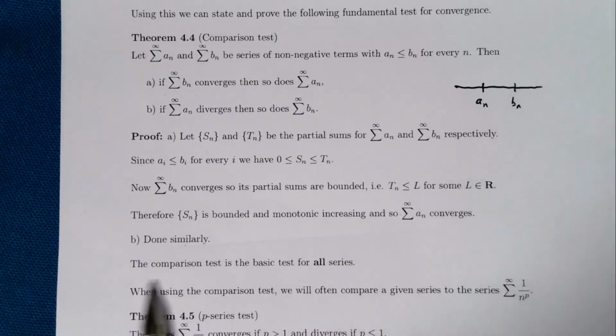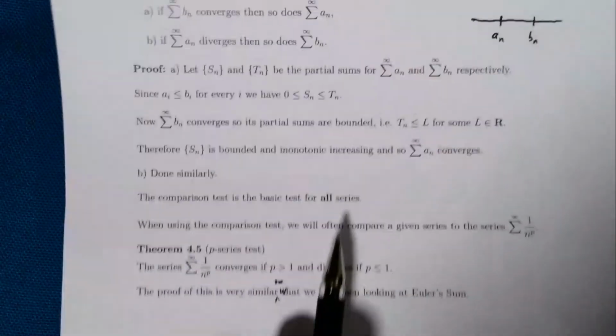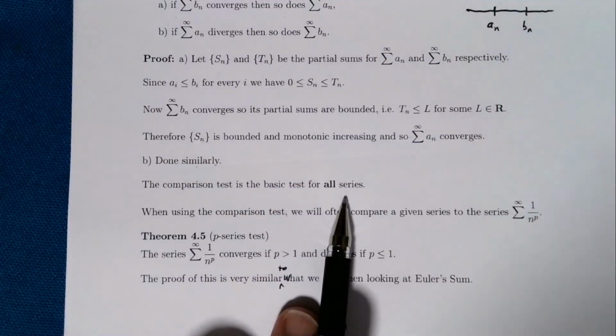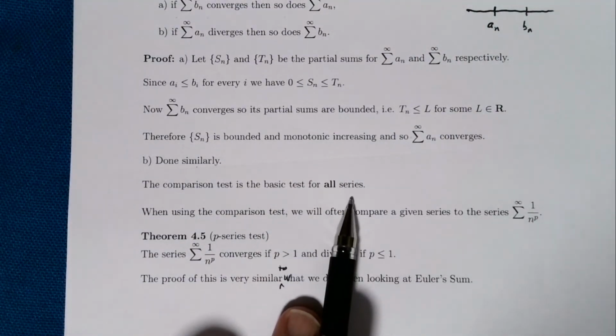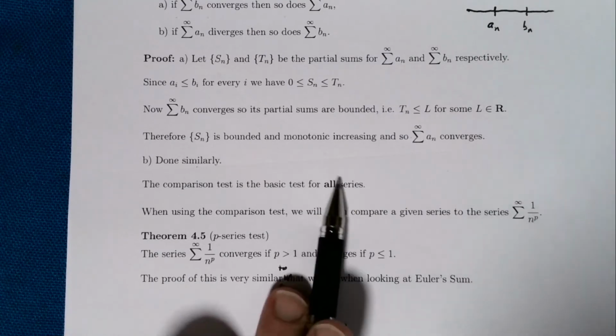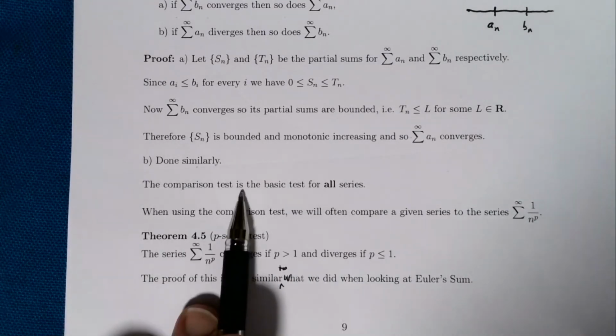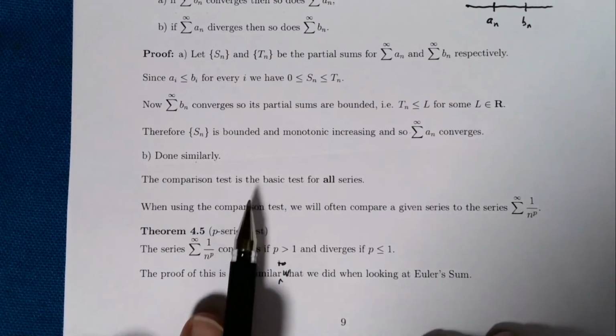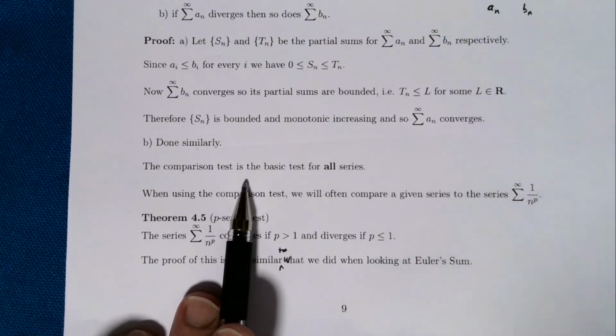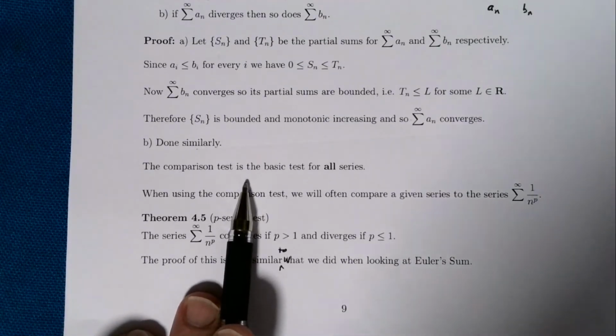Now the comparison test is the basic test I'm going to use for all series, really, although we will develop a couple of other tests, but all of them rest ultimately on this comparison test. Now if we're going to make a comparison, we've got to have something to compare things with.